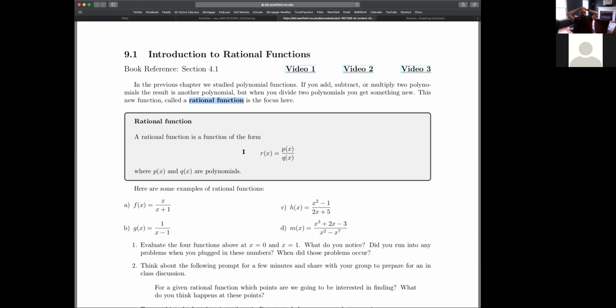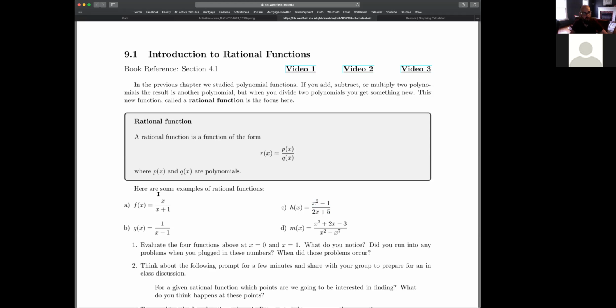But in this one case, if I take two polynomials and divide them, I get something else. Some of the examples that we see are going to be things like x over x plus 1, these are polynomials, or x squared minus 1 over 2x plus 5.